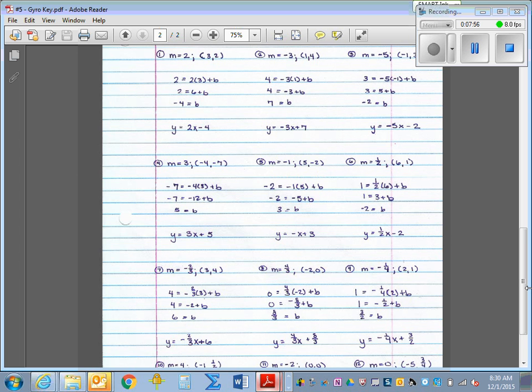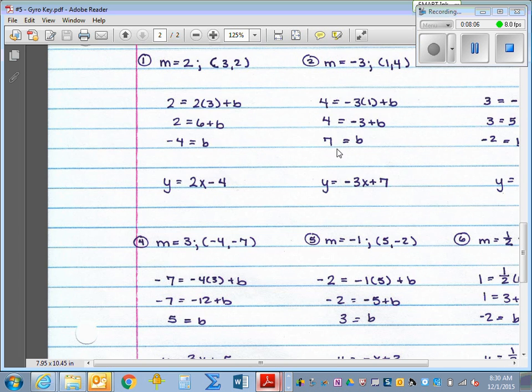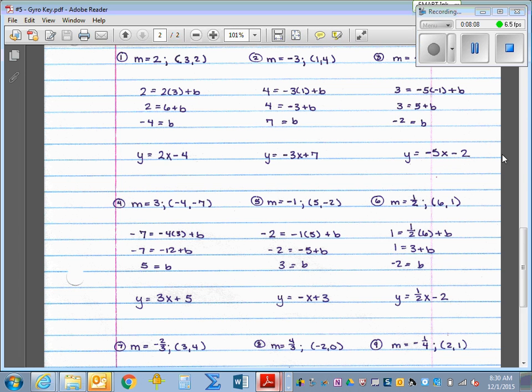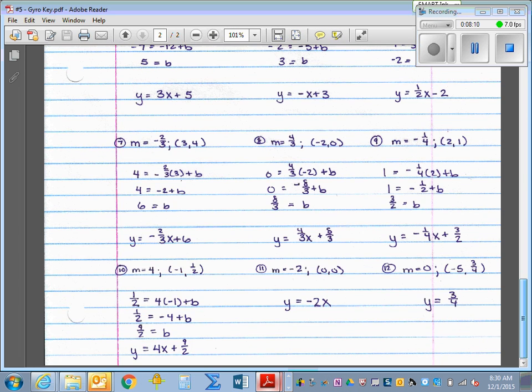These ones require work as it is. Let me zoom in some. Alright, and then those last 2. Any questions on the homework?